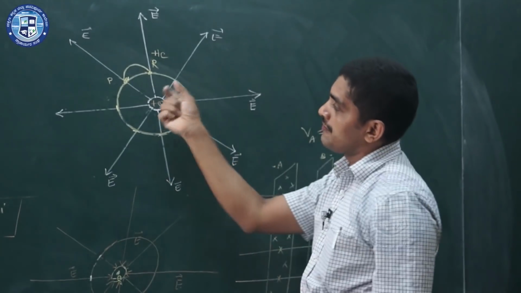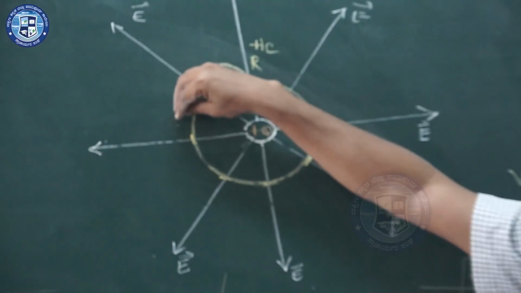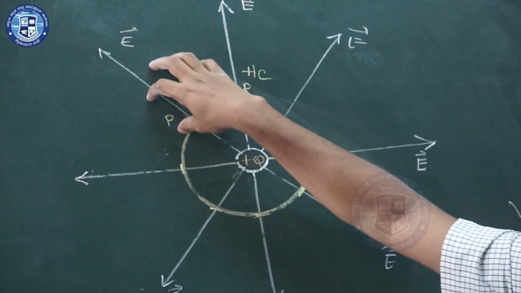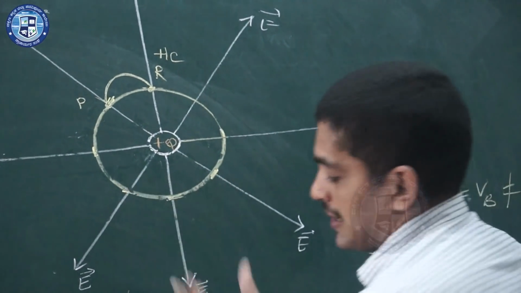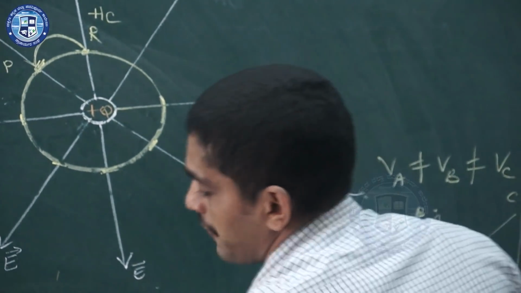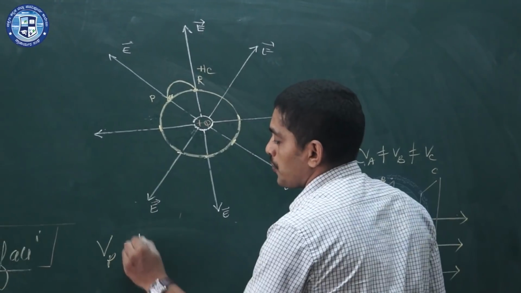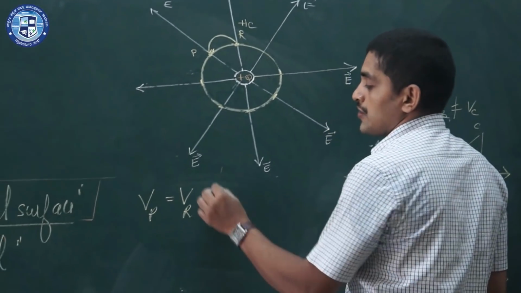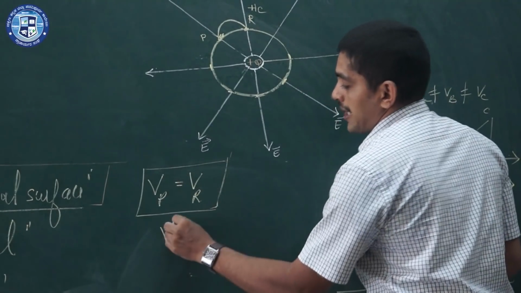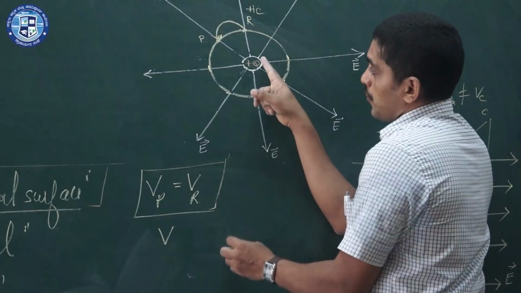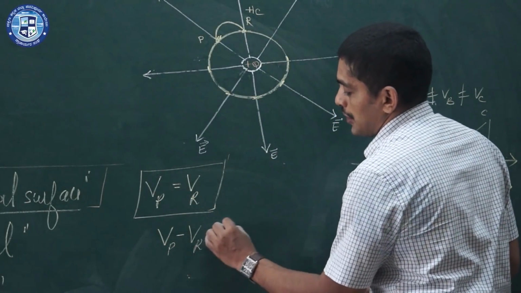Now, in the earlier discussion we have said the work done in moving a charge from one point to another is nothing but the potential difference. Here it is an equipotential surface. Since it is an equipotential surface, what happens? Potential at P is equal to potential at R. So, if Vp is equal to Vr, then potential difference is 0, that is Vp minus Vr is equal to 0.